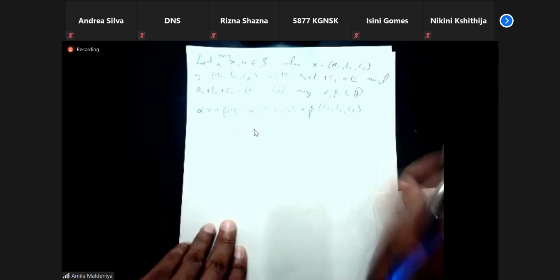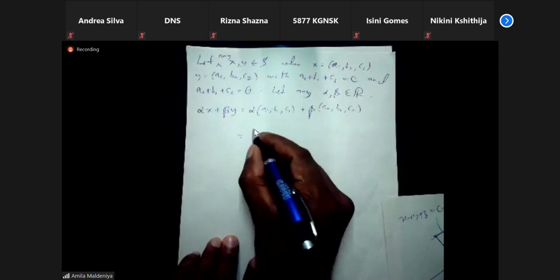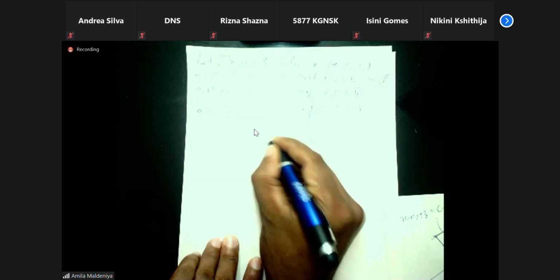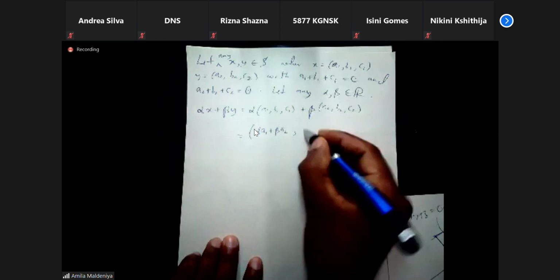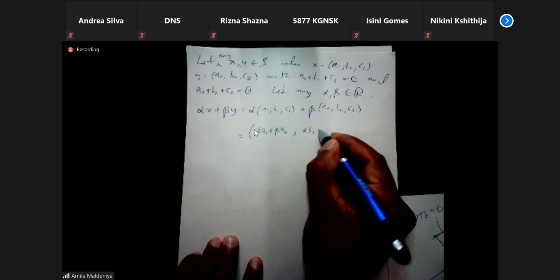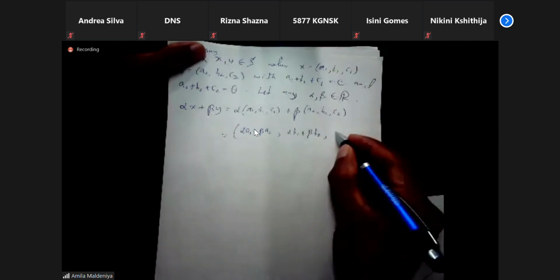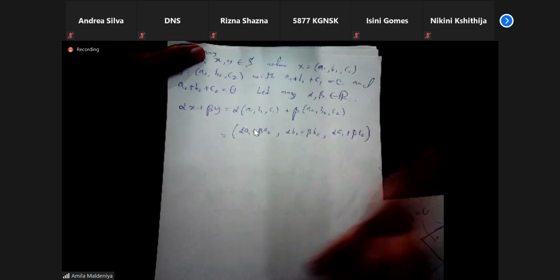If I simplify this one, I will end up with (alpha A1 plus beta A2, alpha B1 plus beta B2, alpha C1 plus beta C2). If I make a mistake, just let me know.